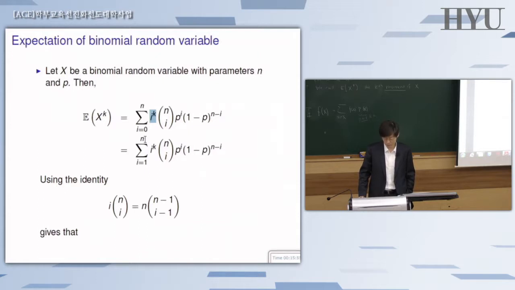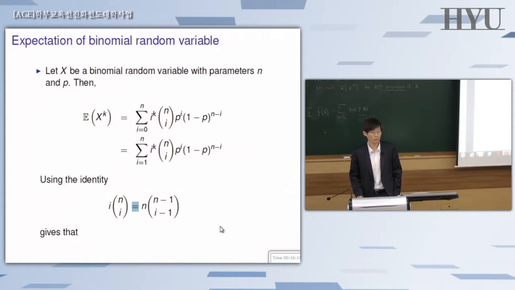If you add 0 to something, it's still the same something. It doesn't make any difference. And then we conveniently use this identity: i times n choose i turns out to be the same as n times n minus 1 choose i minus 1. What about this identity? How do we verify it?